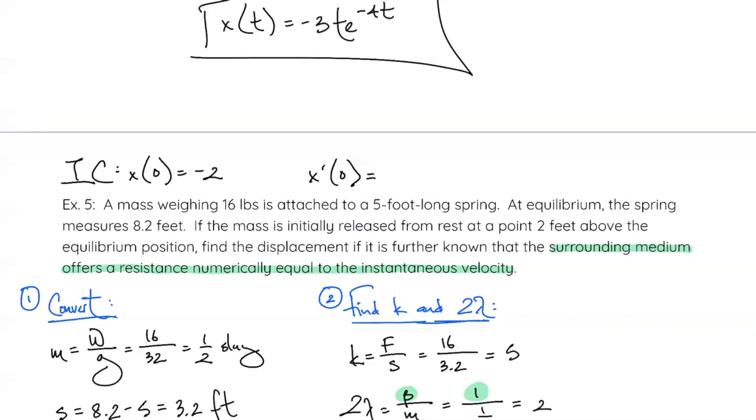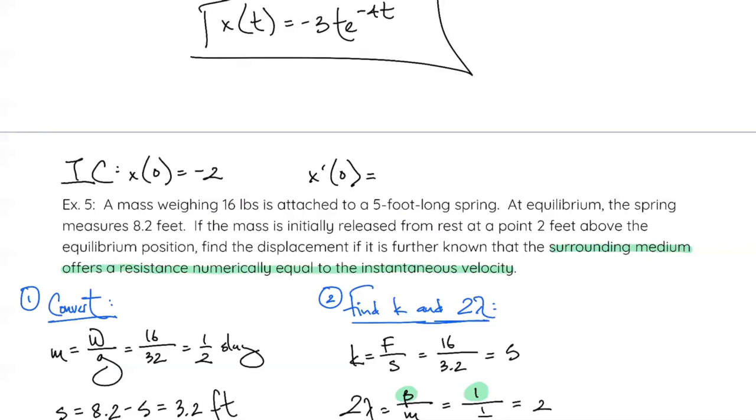But let's read this real carefully here. It says that the mass is initially released from rest. From rest, meaning that we sort of brought this mass up 2 feet above the equilibrium position. We didn't push it and we didn't throw it down. We just kind of let it go.